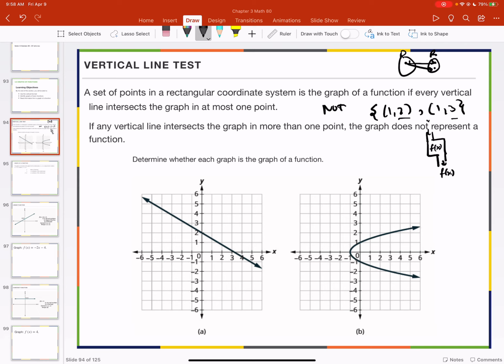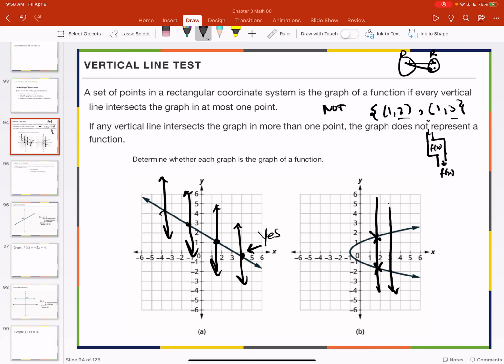Anyways, the vertical line test is an easy way to tell if something is a function or not. You have your graph, and you just draw vertical lines. If a line only crosses once, yes, it's a function. If it crosses more than once, here and here, for instance, then it's not a function.